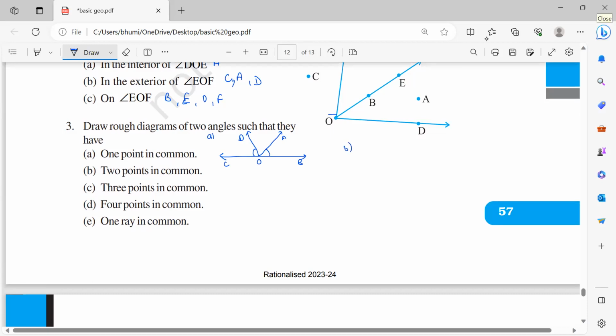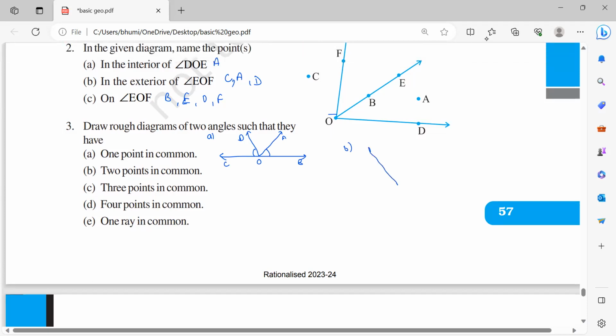For B part, it will be 2 points in common. COA and B. So in these two angles, O and B, OB are common points. In this, O is the common point. 3 points in common.